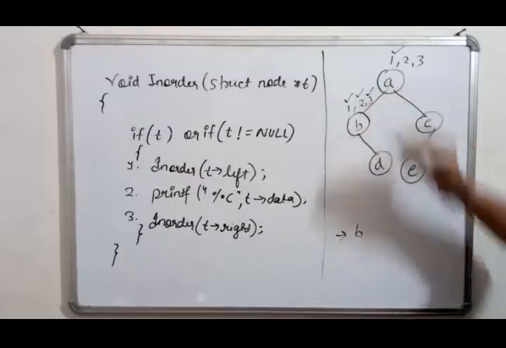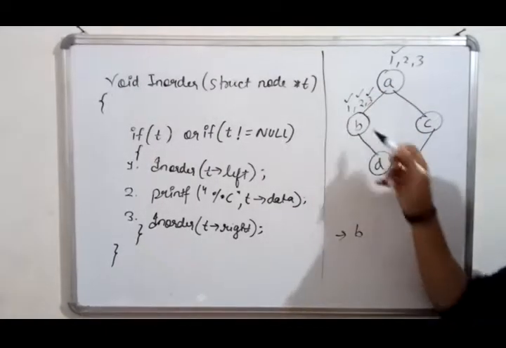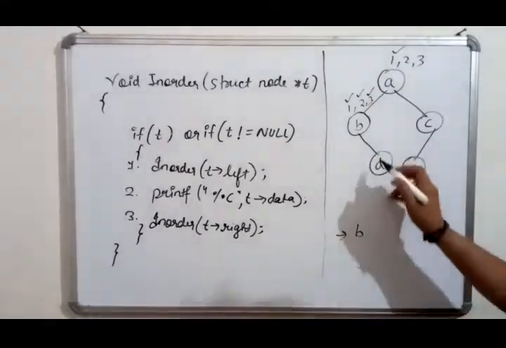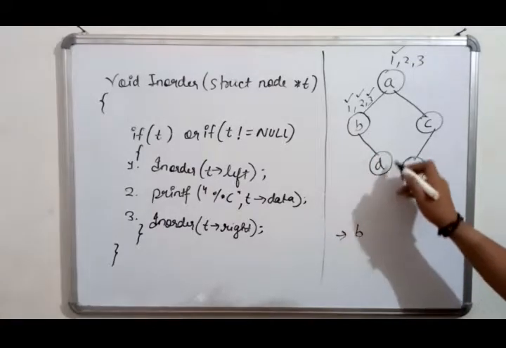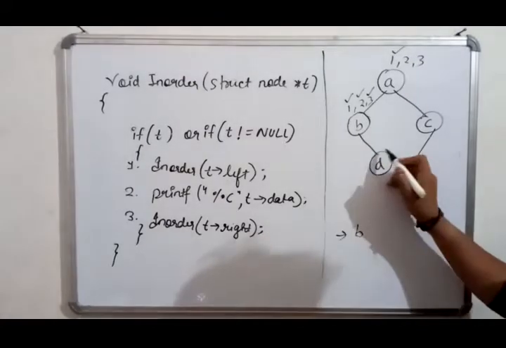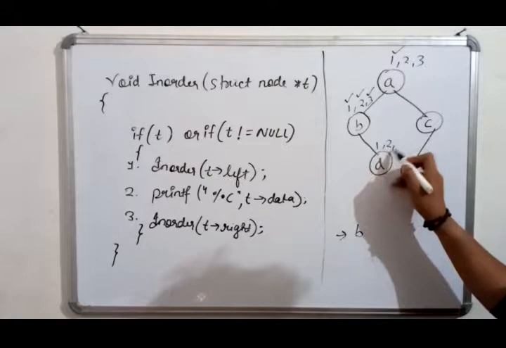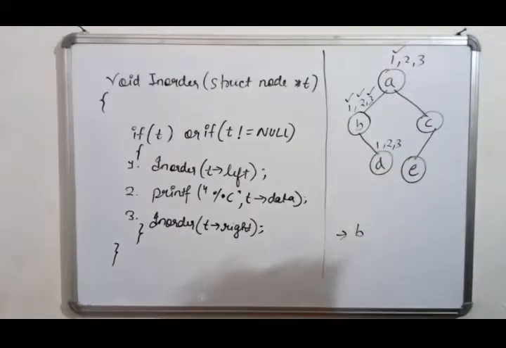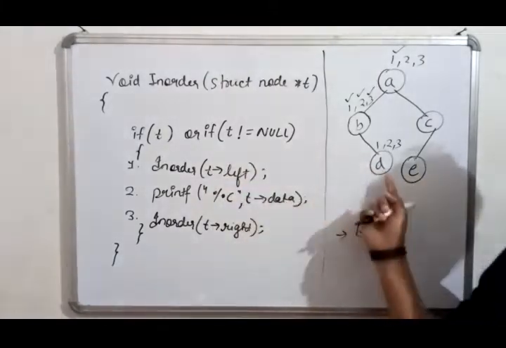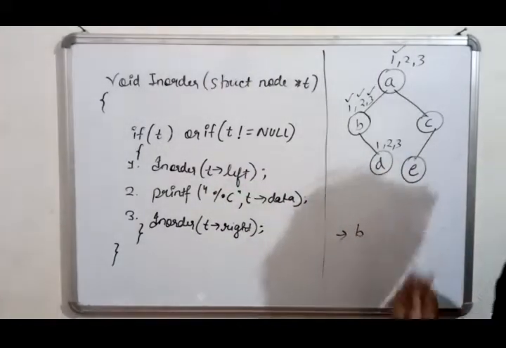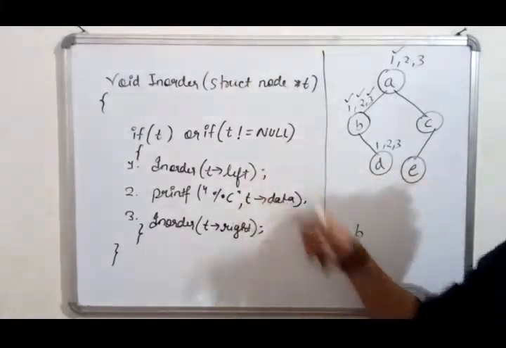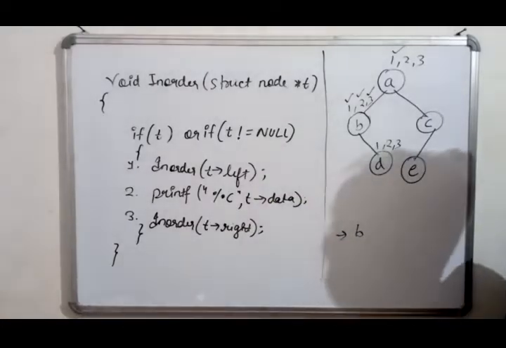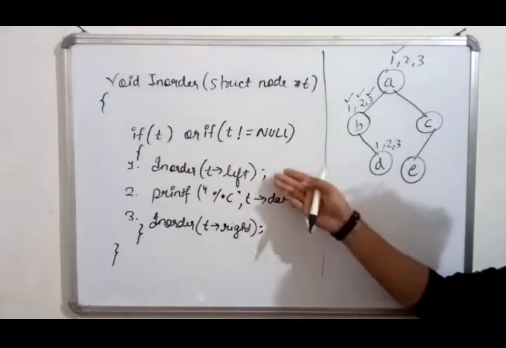So all three instructions of B are now executed. Now we are currently on the node D. We will also execute the three instructions on the node D. First of all we check whether D is null or not. It is not null, so we enter the body of the if. What is the first instruction?